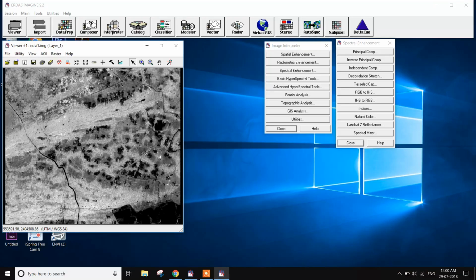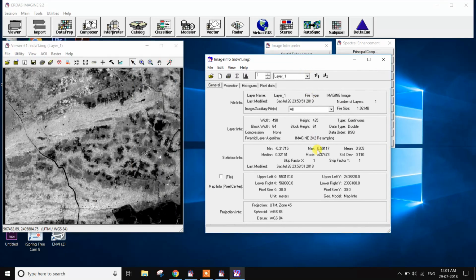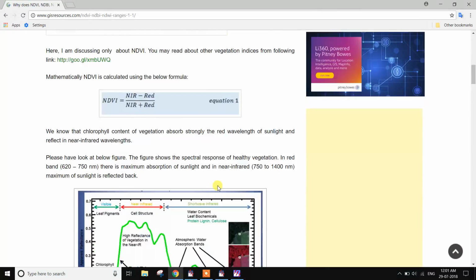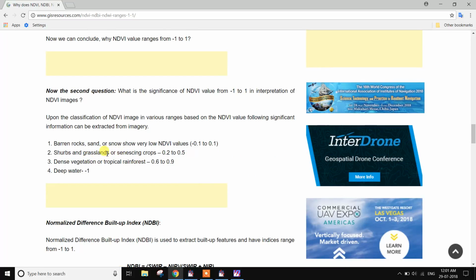This image has a range with maximum 0.59117. So this image is appropriate for grassland and cropland. That is the range 0.055, this is cropland.